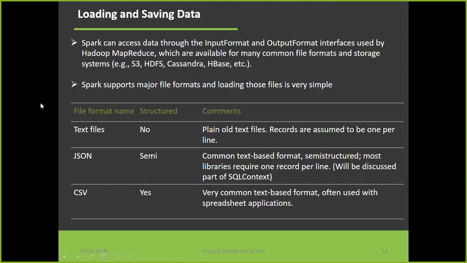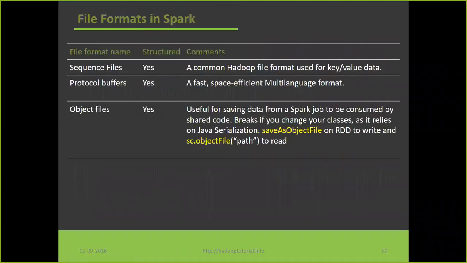We can see text files and JSON files being processed very easily, and CSV files with delimiters. And some other file formats like sequence files and object-related files like binary files.